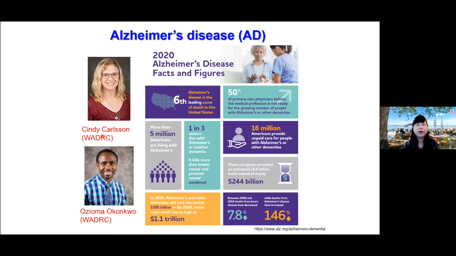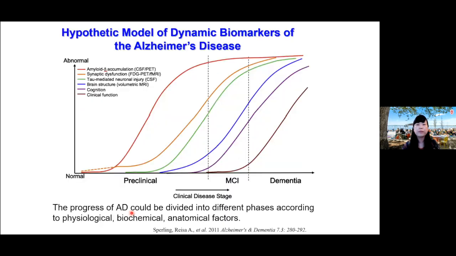This work was done in collaboration with Professor Cindy Carlsson and Ozioma Okonkwo at the Wisconsin ADRC. As we know, Alzheimer's disease is a progressive neurodegeneration that can be divided according to different stages, preclinical, mild cognitive impairment, and dementia, based on biochemical, anatomical, and clinical functions.